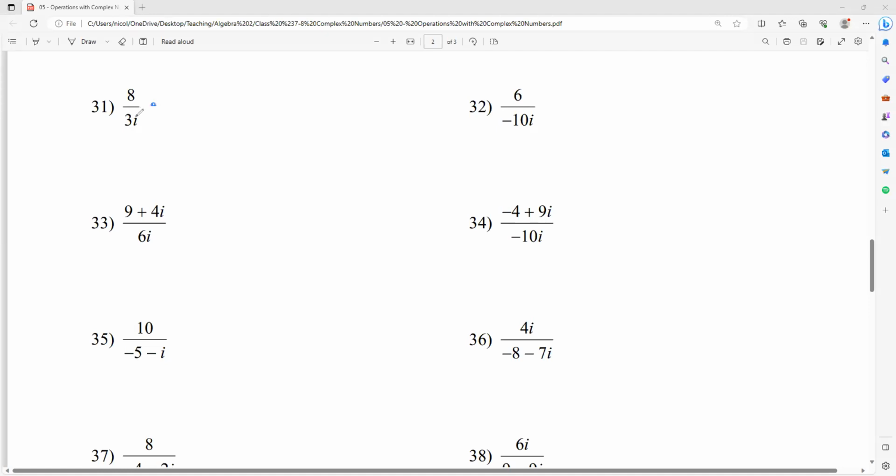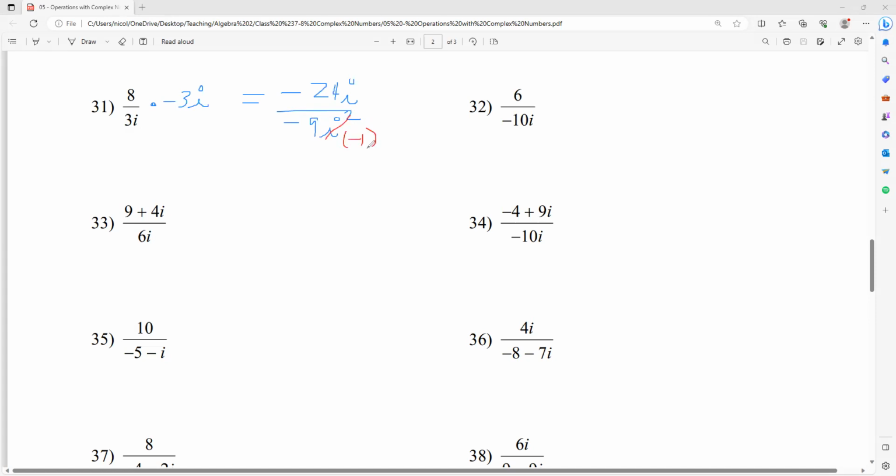So for example here, i is positive. So you're multiplying by the conjugate of the denominator. We're going to multiply top and bottom by negative 3i. And you're going to get negative 24i over negative 9i squared. And we learned in the past that i squared is equivalent to negative 1.